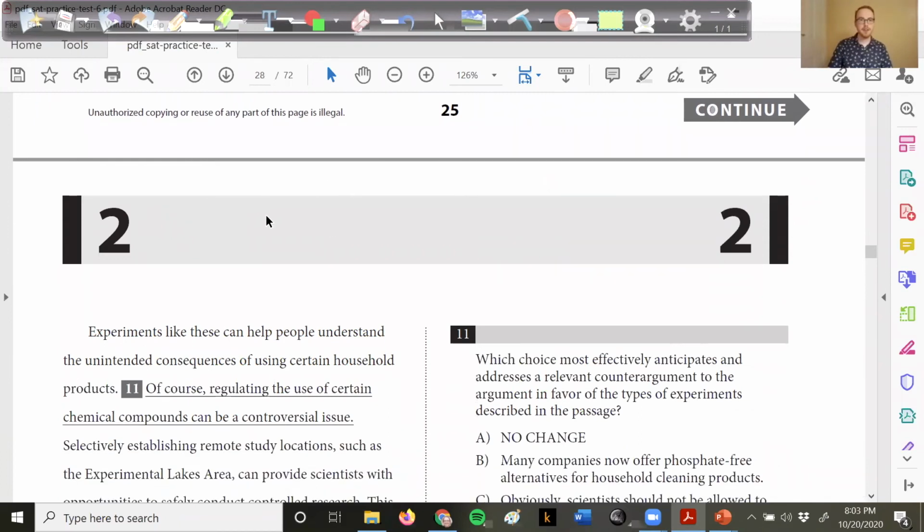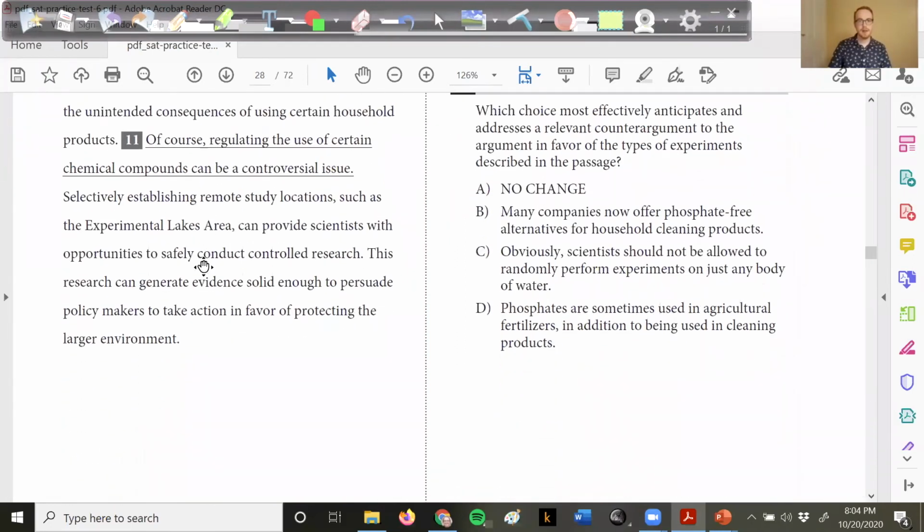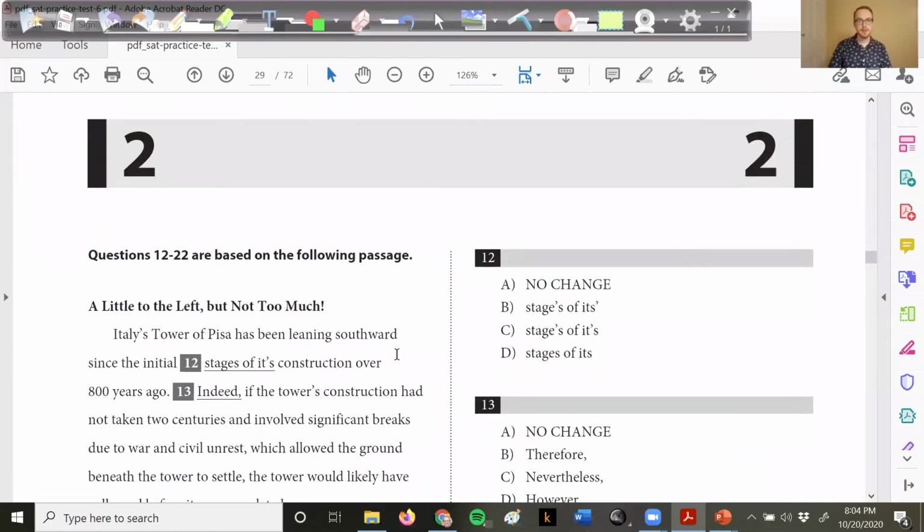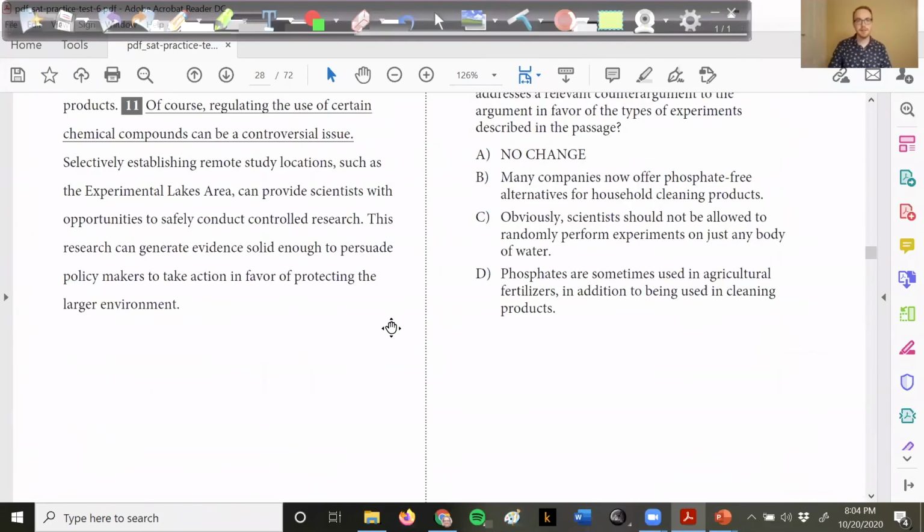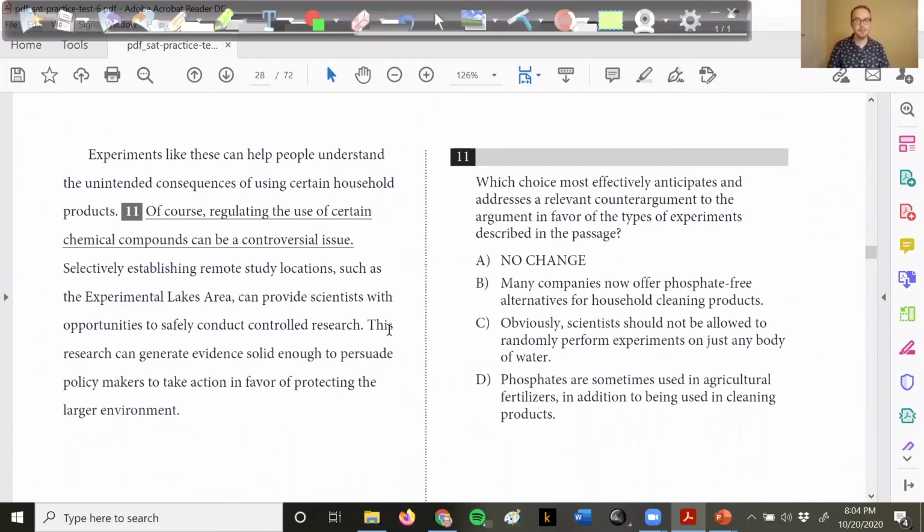So now we're on page 26 of your PDF. And what do you know? It looks like I jumped the gun. It looks like we got one more question left on these phosphates. All right, let's knock it out of the park. I think we can do it. Experiments like these can help people understand the unintended consequences of using certain household products.